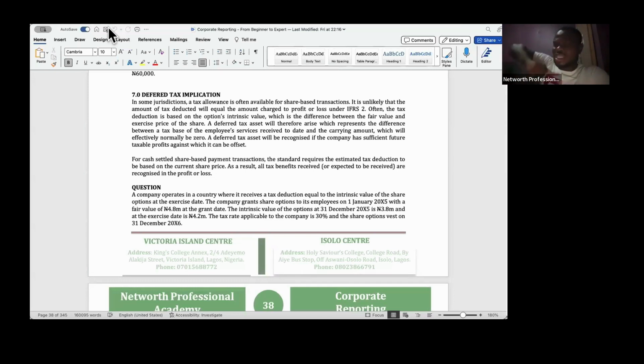So in all cases, for different types of share-based payments, you will always have a deductible temporary difference. On the deductible temporary difference, what you will have is a deferred tax asset. When you have a deductible temporary difference, it's always going to be a deferred tax asset.